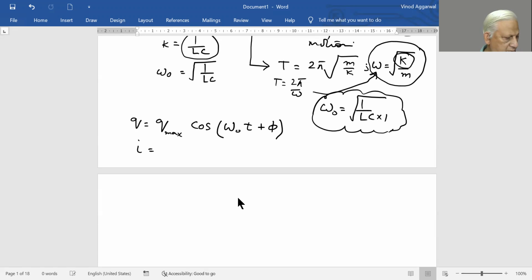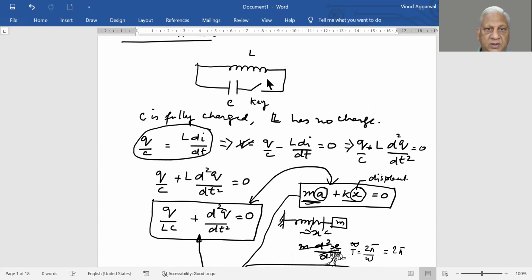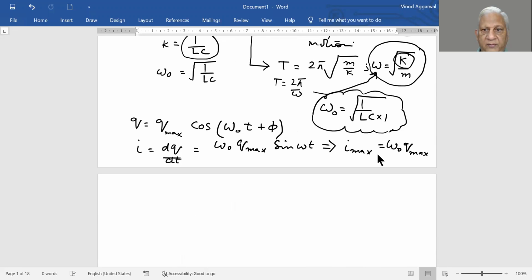I is equal to dq by dt is equal to minus omega Q max sin omega t, which implies that I max will be omega Q max. So the maximum current in this circuit would be given by this.